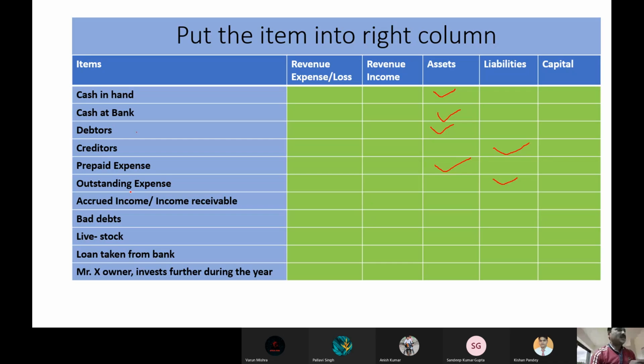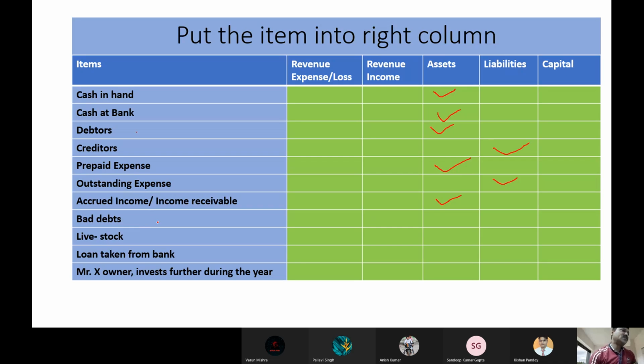Now accrued income. So accrued income is what? The income receivable, which we have earned but not yet received. So the amount due from others, this will also be called assets. Bad debts. So bad debts is what?